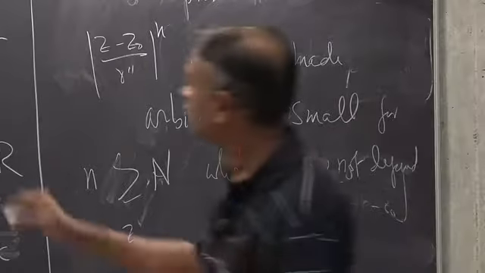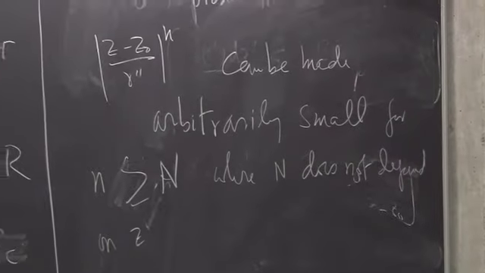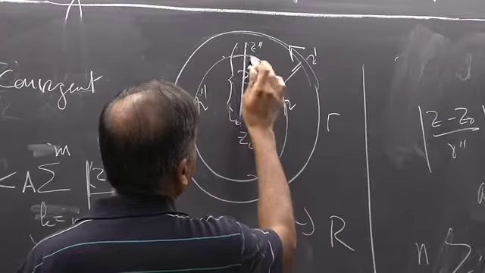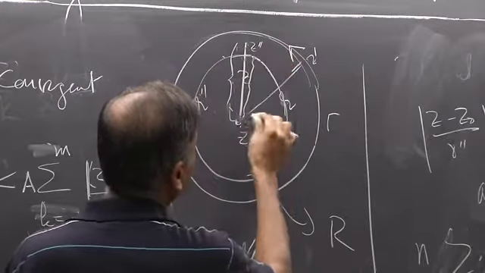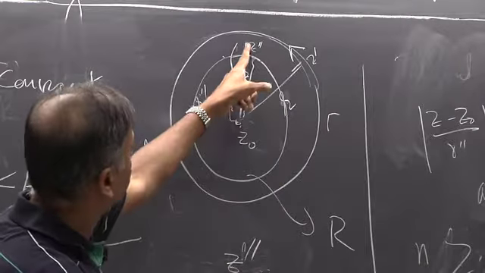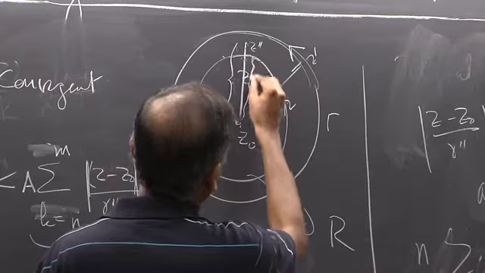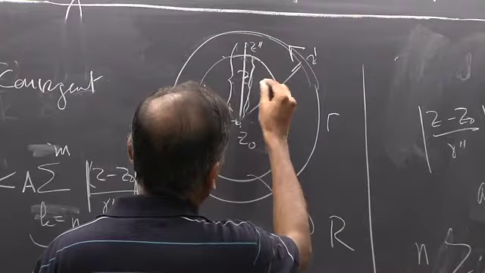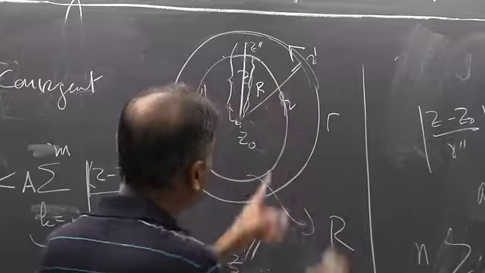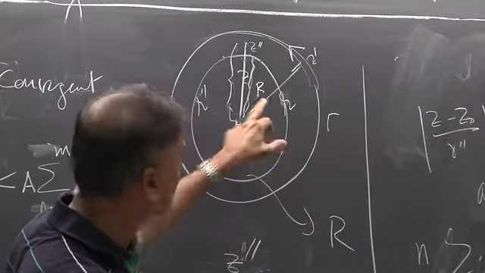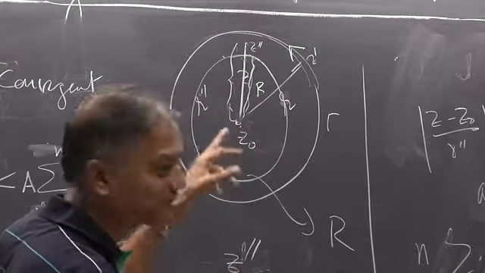I'm saying to choose something else, another point which is a little bit closer to z naught compared to z double prime. Call that radius capital R, although I'm using capital R for this region, but I'm running out of indices, r and r double primes.